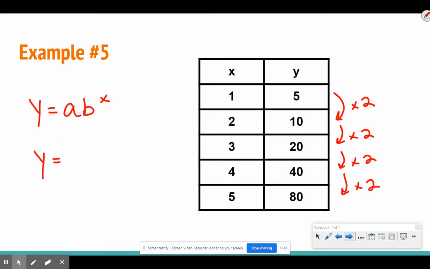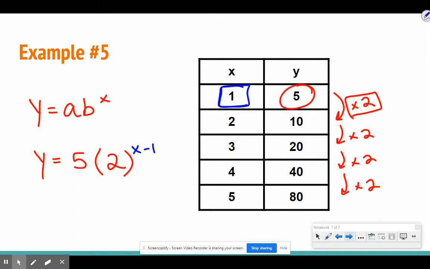My a, or my starting value, is 5. My b, my growth factor, is 2. Now, my exponent. Since I have a 1 here, I have to put x minus 1, since I didn't have a 0 to start.